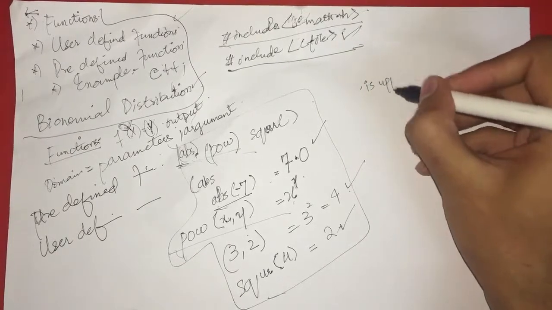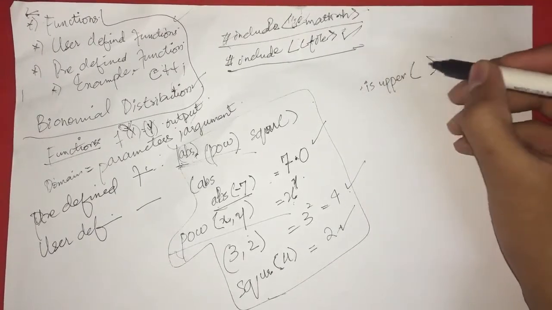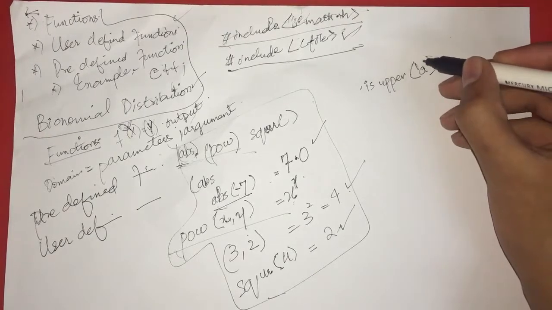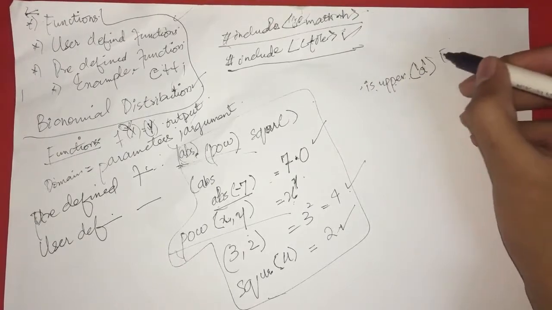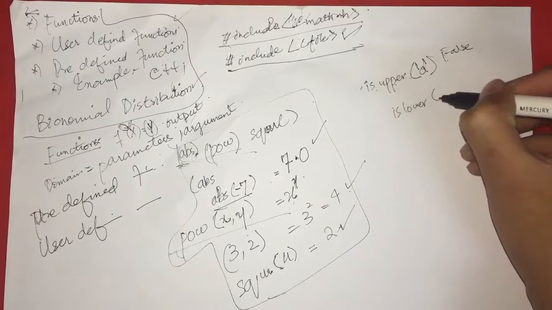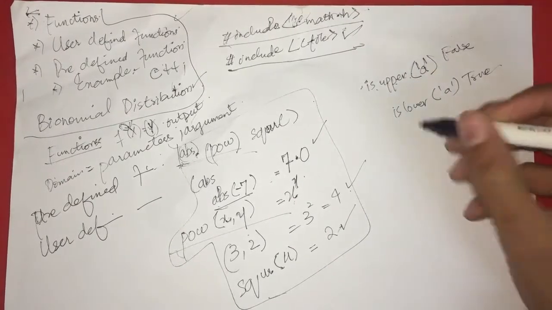It shows whether the character you entered is an uppercase letter or a lowercase letter. If you enter a lowercase letter, is upper will be false, but with is lower and entering a, the condition will be true. And like that, you have different functions.